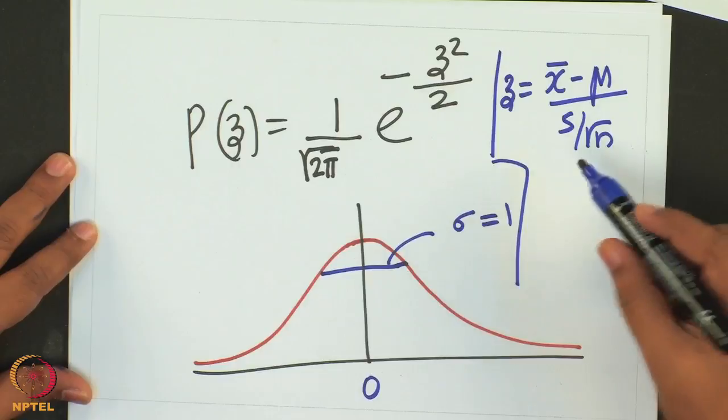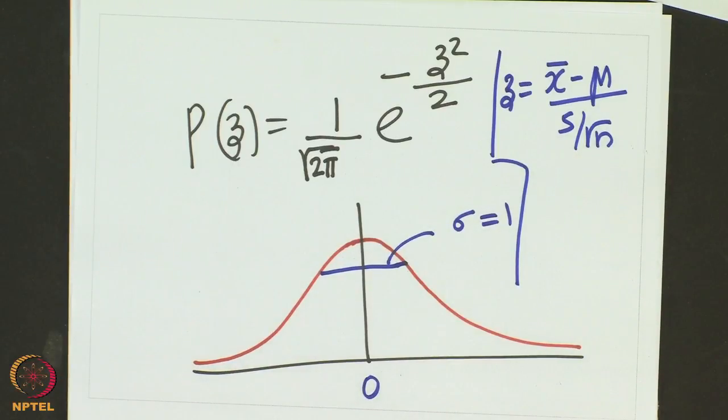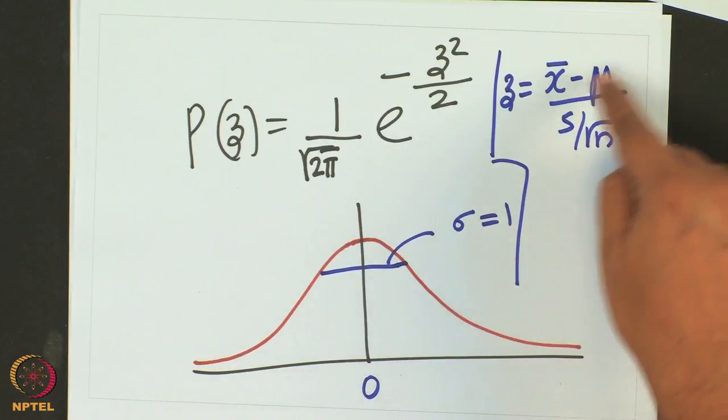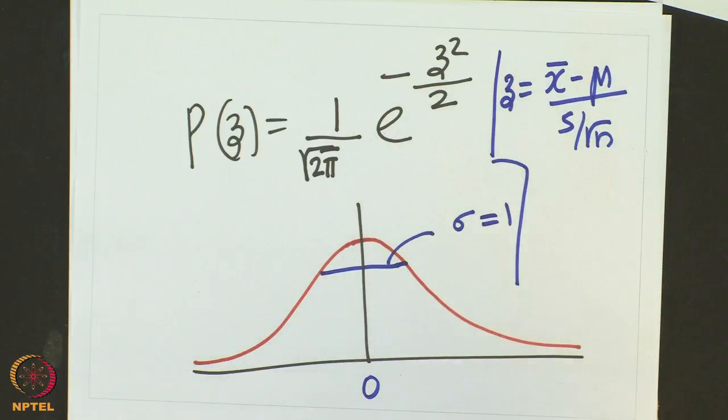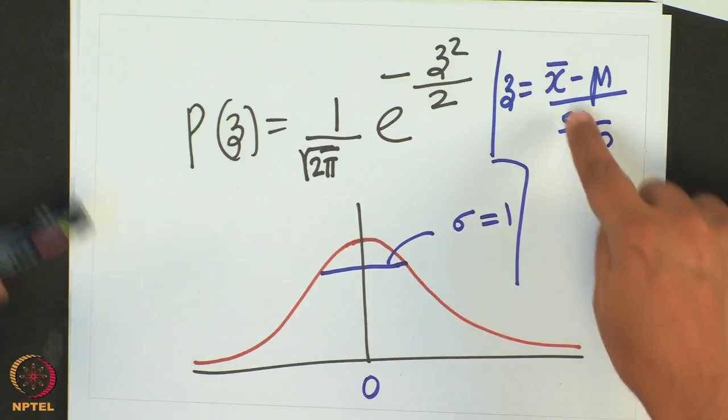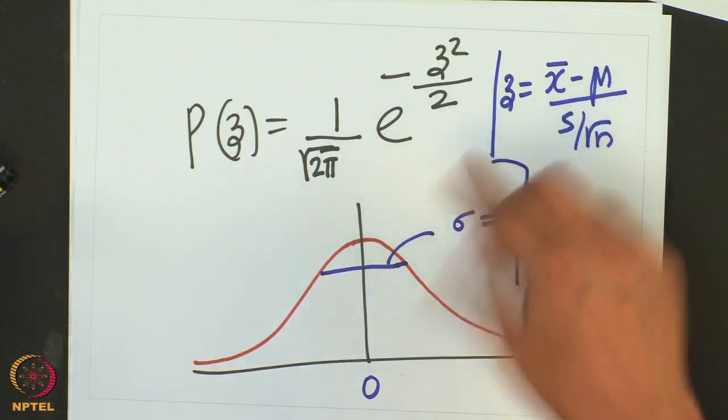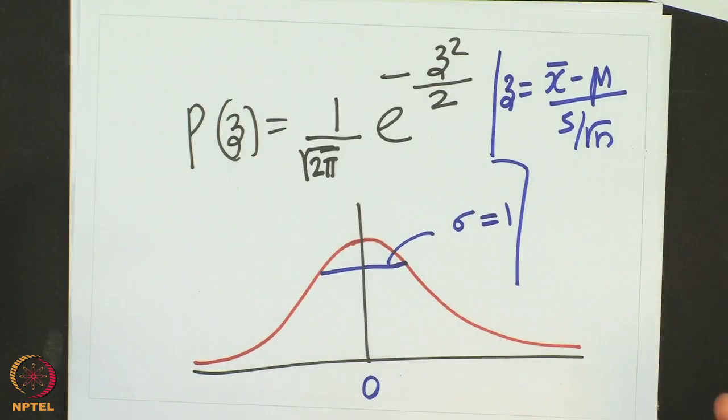But if z is very large, typically it would mean that x bar is much larger than mu. Depending on whether z is large or small, we would accept or reject the null hypothesis. If z is very small, you can accept the null hypothesis. If z is very large, you would reject the null hypothesis.